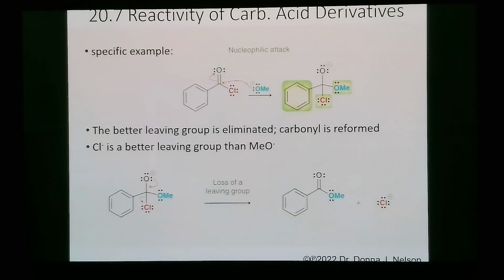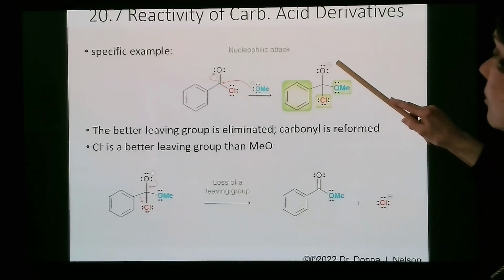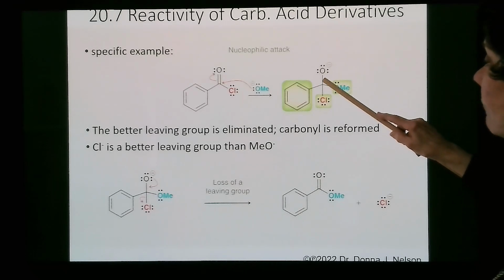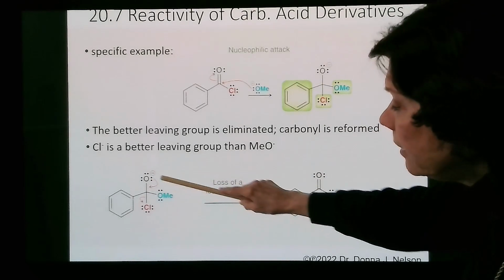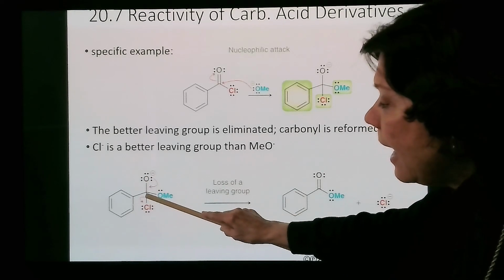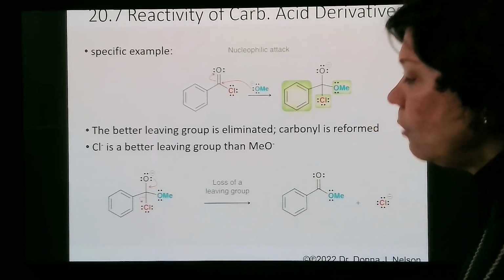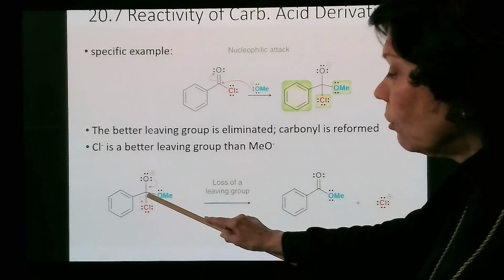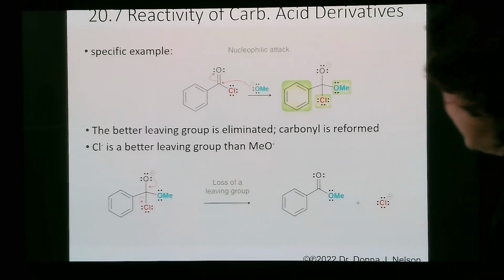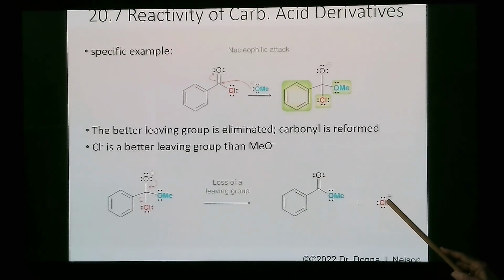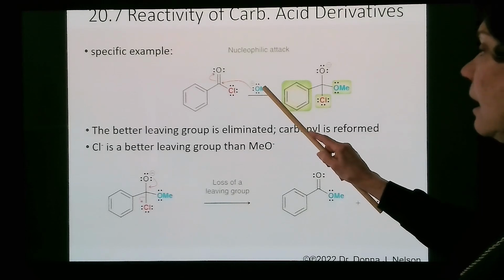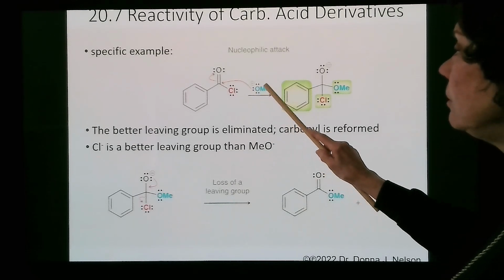So this is the tetrahedral anion, which is now going to reform the pi bond. Right here, you can see it reform. And since carbon can only bear 4 bonds, chloride must depart. And it does. So this is where you've definitely had a substitution.